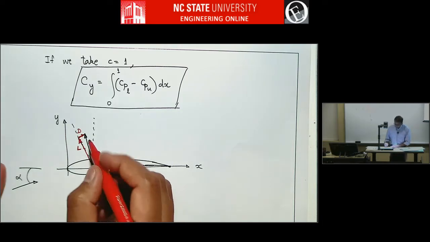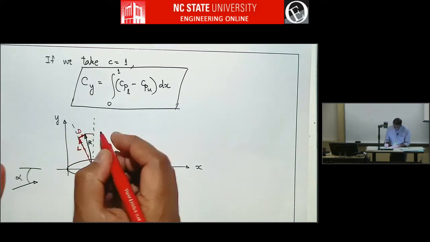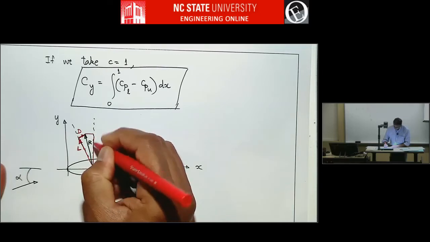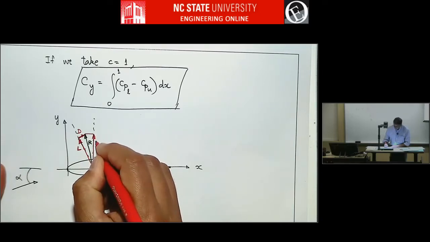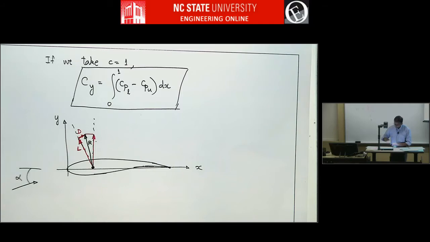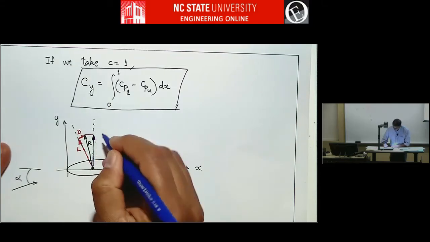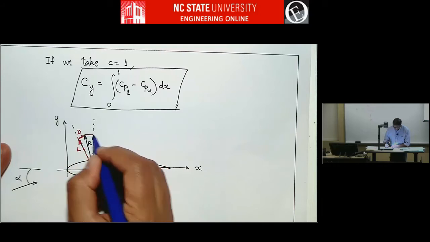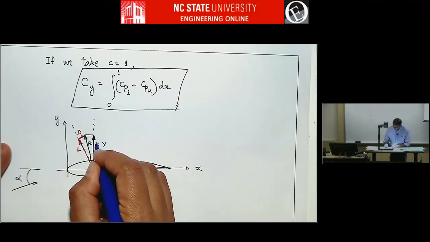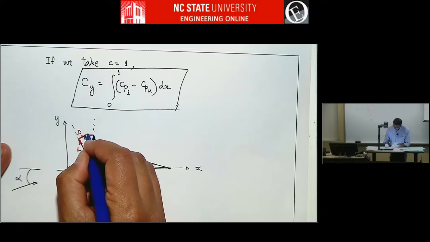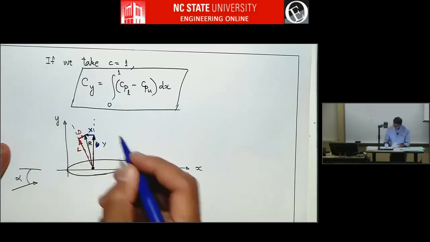Okay, but you can also decompose this as x and y. So this is y. Maybe I should have drawn it in blue. This is y, and this is x. X turns out to be in the forward direction.